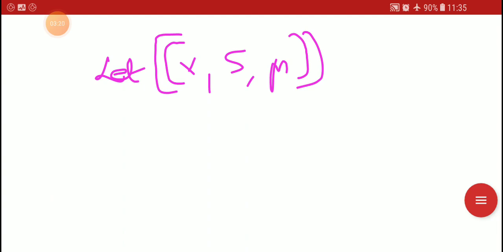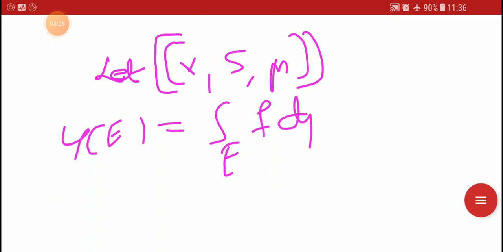Show that if psi of E equals the integral over E of f d mu, where the integral of f d mu is defined, then psi is a signed measure.